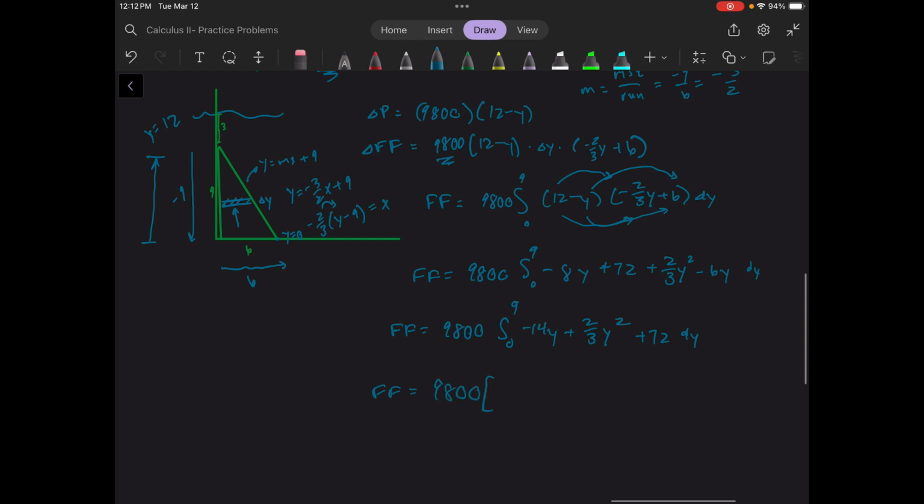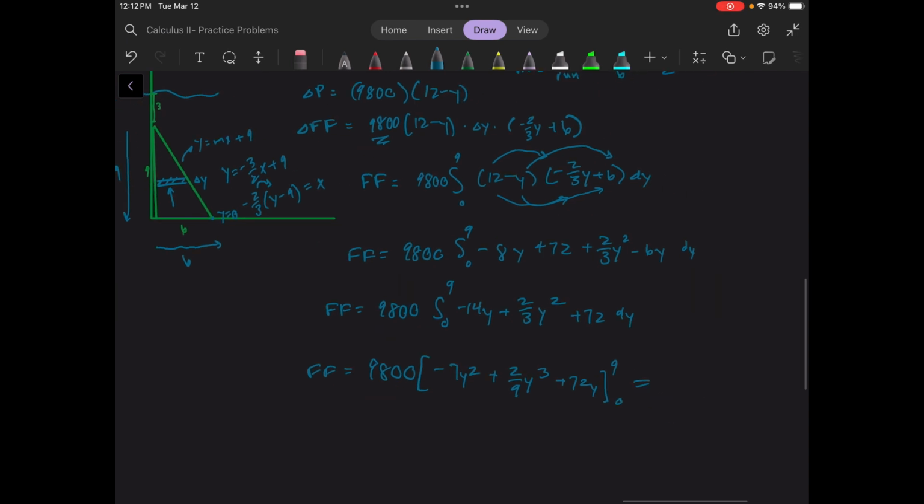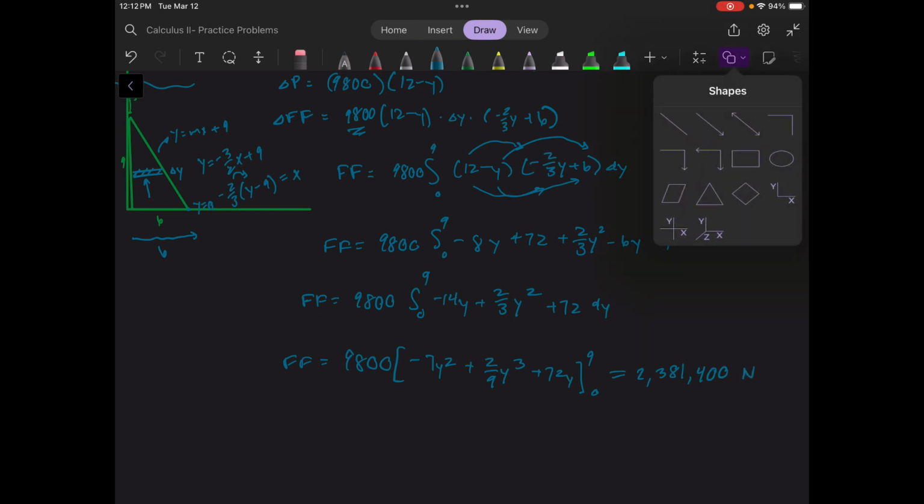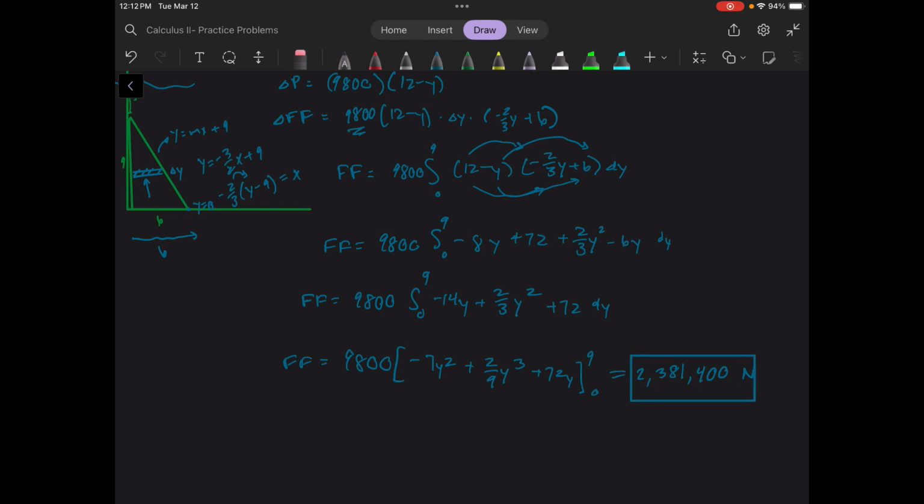Let's do the integration. We add 1 to the exponent and divide by that new number, and we're going to evaluate all of that at 9 and 0. I'm not going to do that one in the video. You can just plug it into your calculator. You get a big number though, 2,381,400 newtons. Big fluid force because it is a big plate submerged deep underwater.